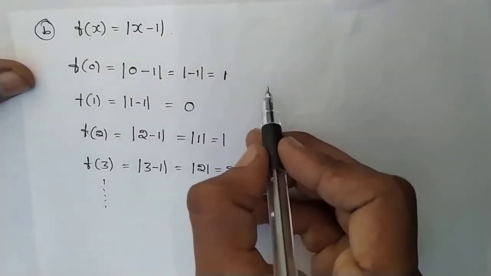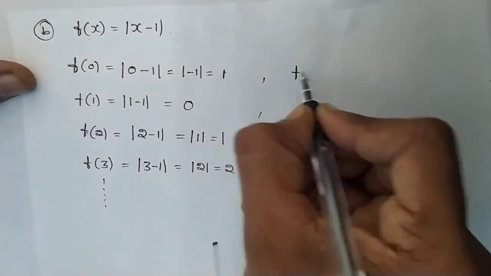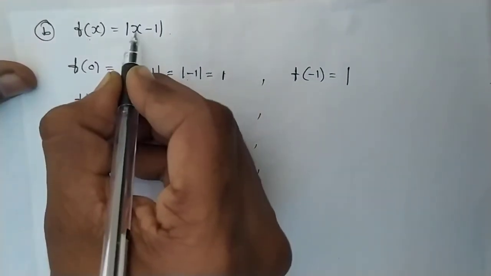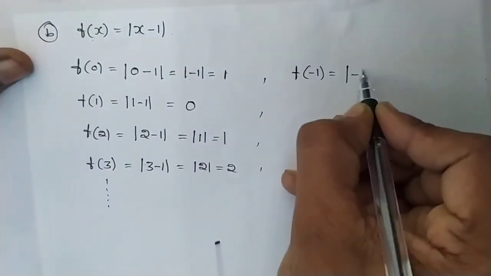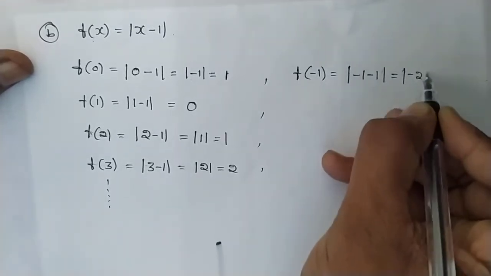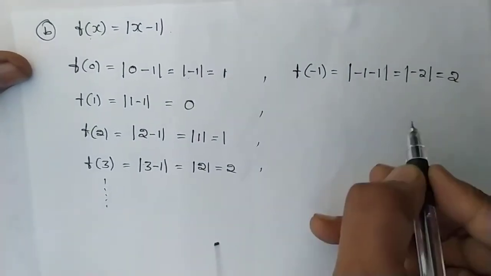What about if we take negative numbers? F of minus 1 equals modulus of, in place of x we have to put the value minus 1, minus 1 equals modulus of minus 2. Modulus of minus 2 will be plus 2.